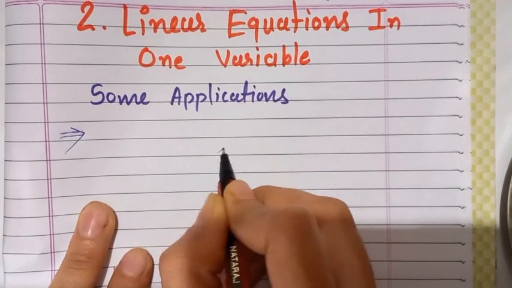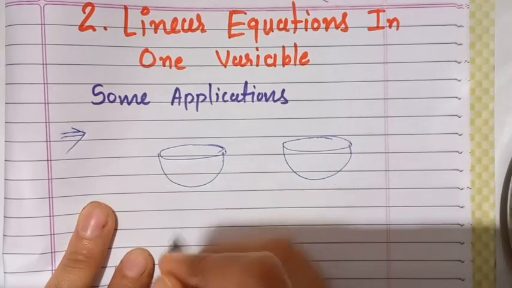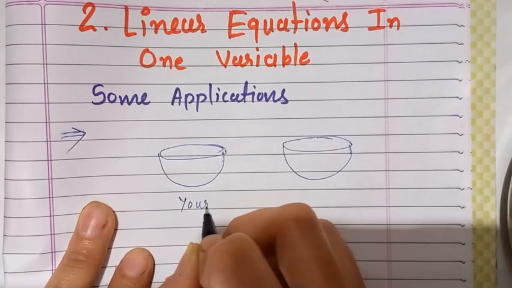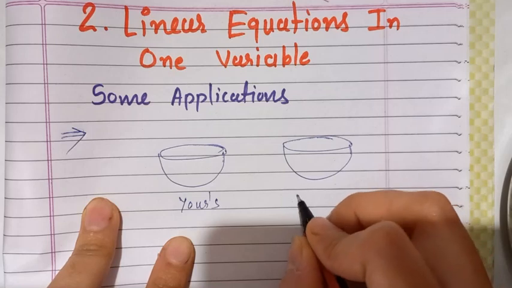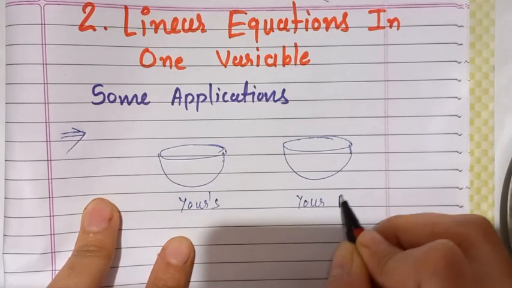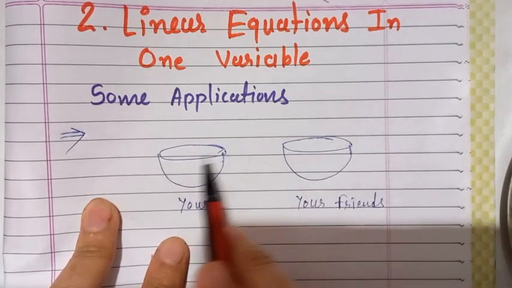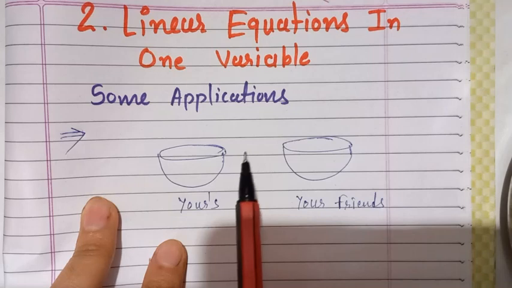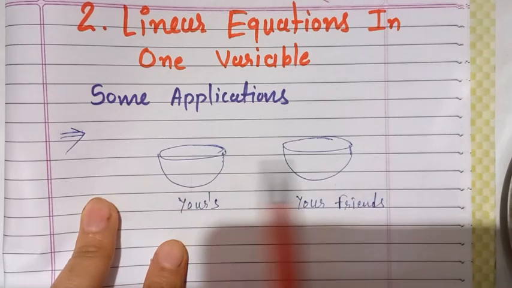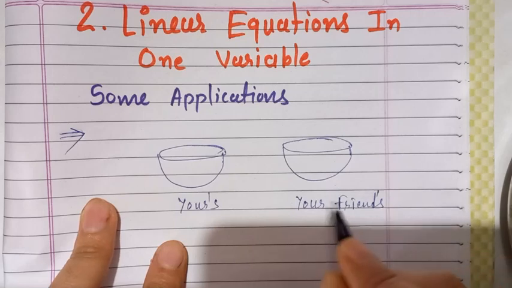Let me draw two buckets. This is yours and this is your friend's. You don't know how many apples there are in your bucket and in your friend's bucket.